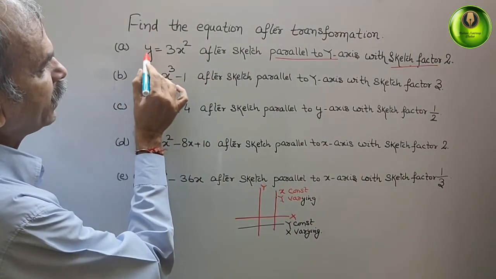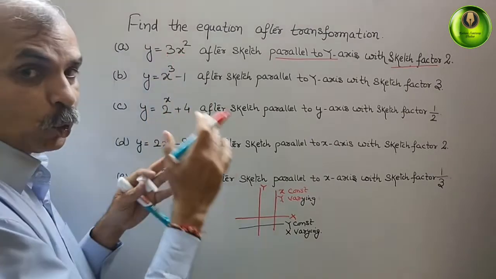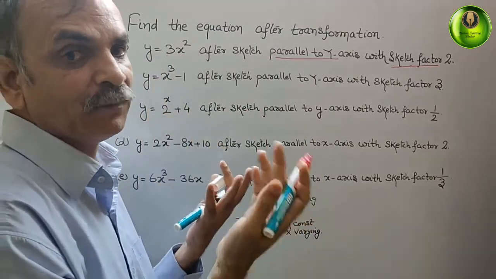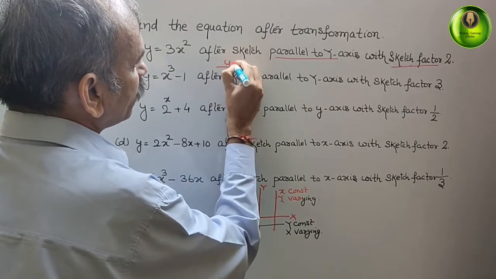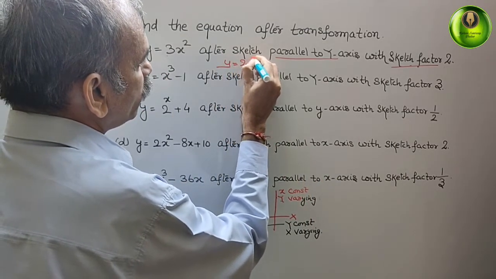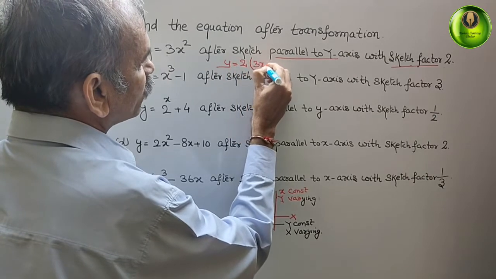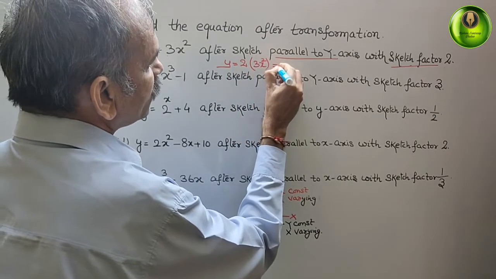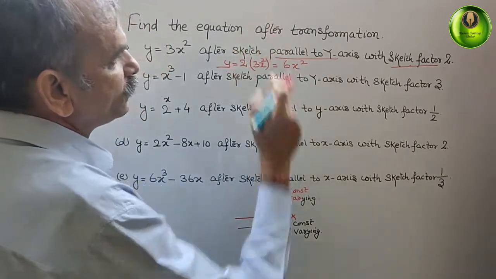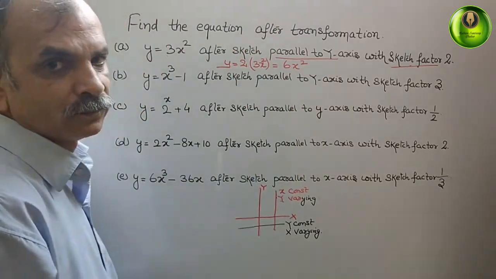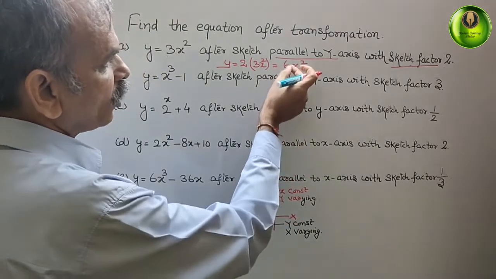If you write 2y here, it will be 2 into 3x square. So here you will get y is equal to 2 into 3x square, that is equal to 6x square. So this is your equation now.